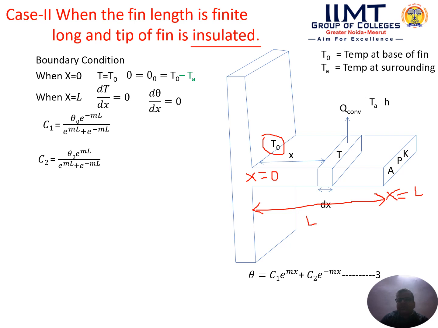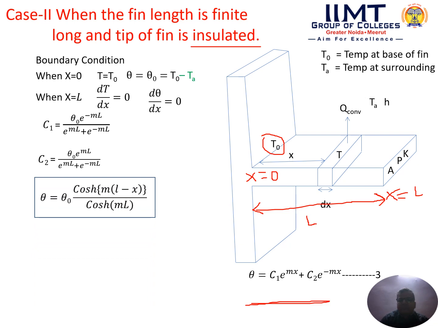By putting these two boundary conditions in equation number 3, we can easily get the values of C1 and C2. Then putting the values of C1 and C2 in equation number 3 again, we get the temperature distribution equation for case number 2, where the fin length is finite and the tip of the fin is insulated.